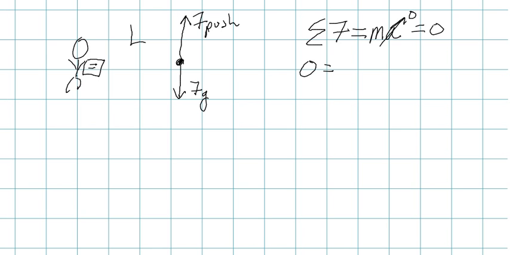Ooh, can't let me forget to draw my coordinate systems. Nobody's here to yell at me, so I apologize. There's my coordinate systems. So what have we got? In the positive y direction, we have the force of the push. In the negative y direction, so we're subtracting this off, we have the force of gravity. Now this all equals 0, so we can say that the force of the push equals the force of gravity.